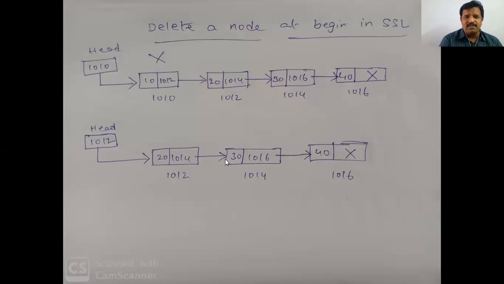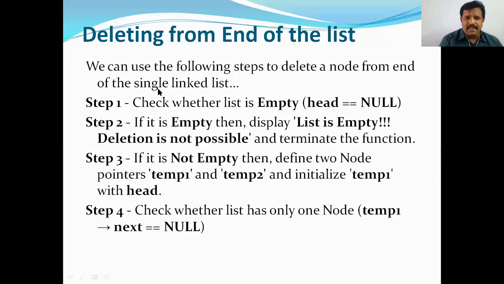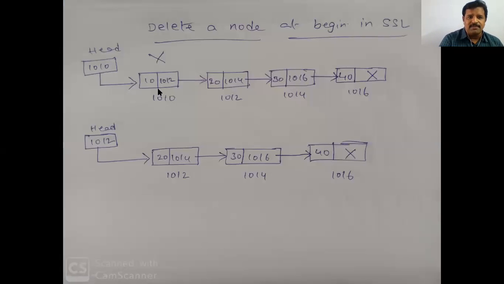So let us explain this concept by using this diagram. Here we want to delete this particular first element from the list. In this case, the first element is the node 10, which contains the address 1010 that is stored in the pointer head. After deleting this first node, what is the next node in the list? 20 is the next node in the list.